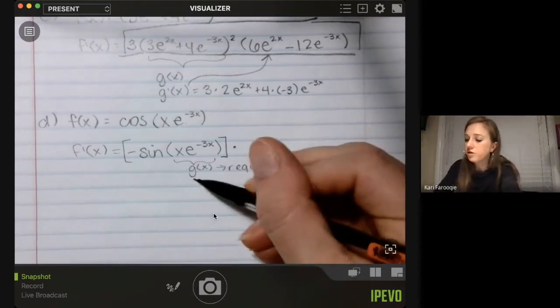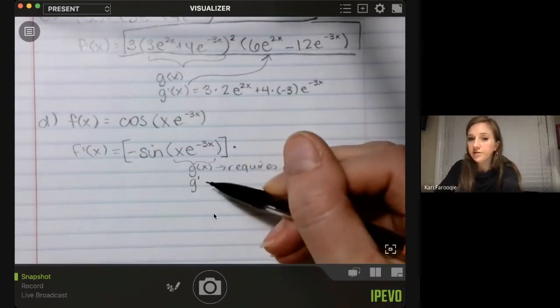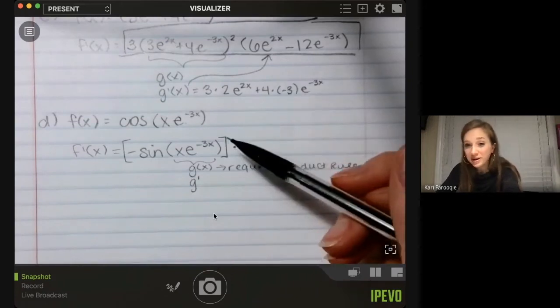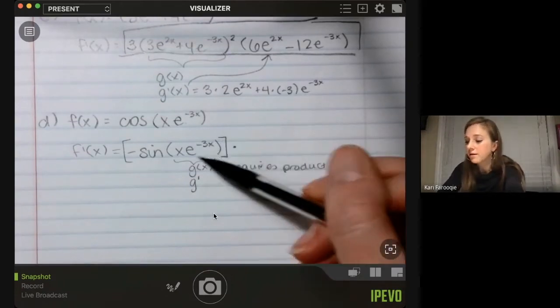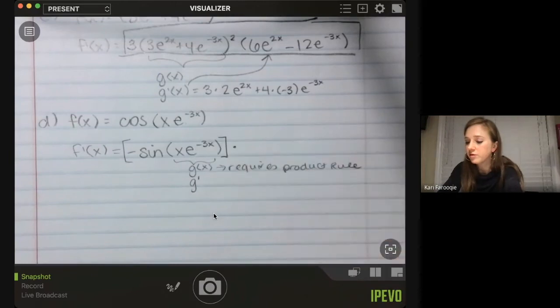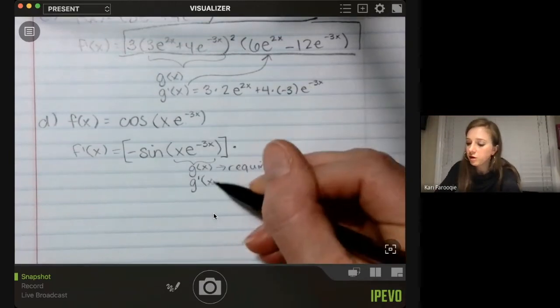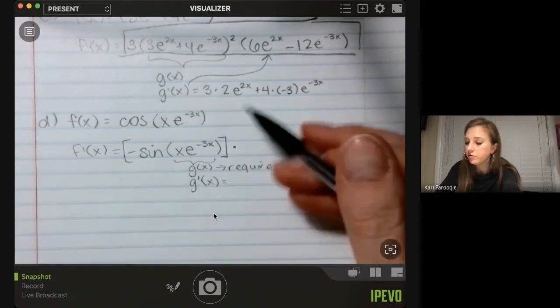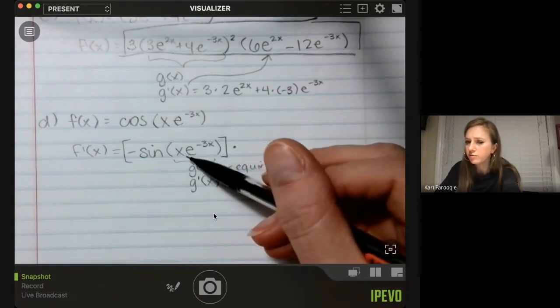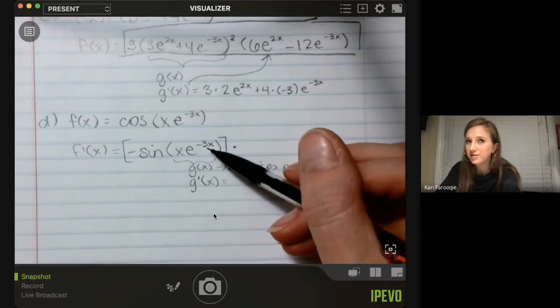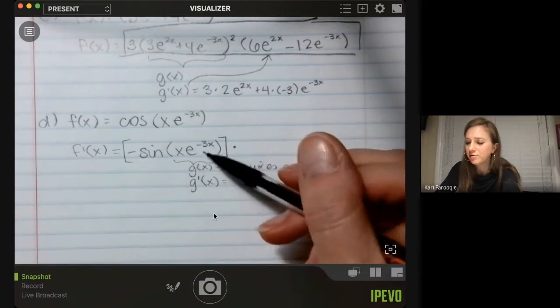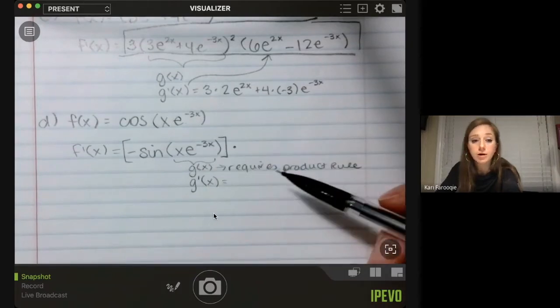All right, so to get g prime, oh, it's also going to require the chain rule too. I didn't even think about that, because this guy is going to involve a chain rule usage. All right, g prime of x is going to be f prime g plus f g prime. And I'm reusing my variables again, but I'm not going to label them.